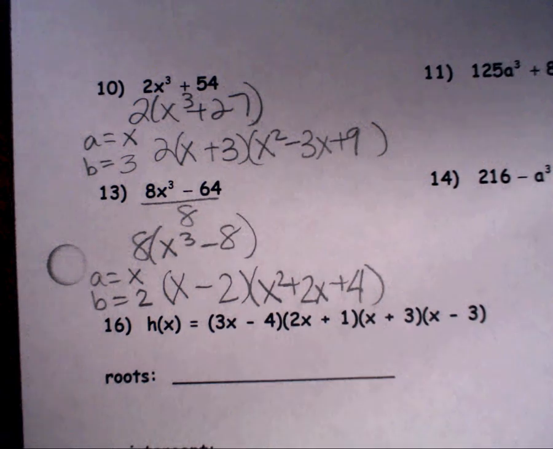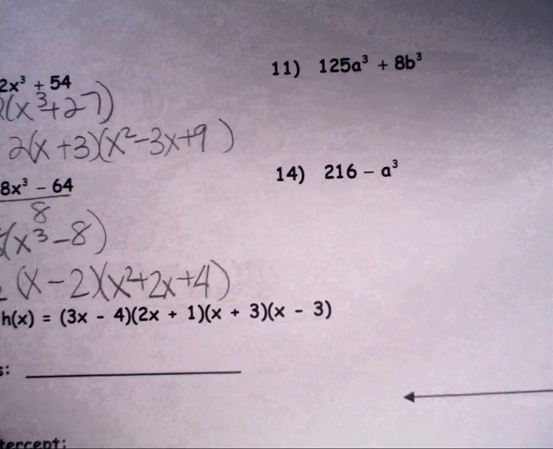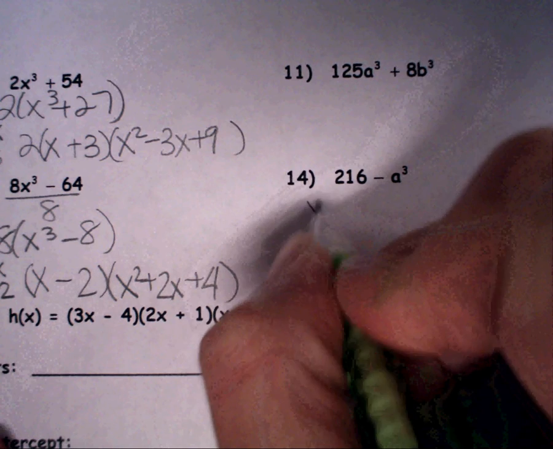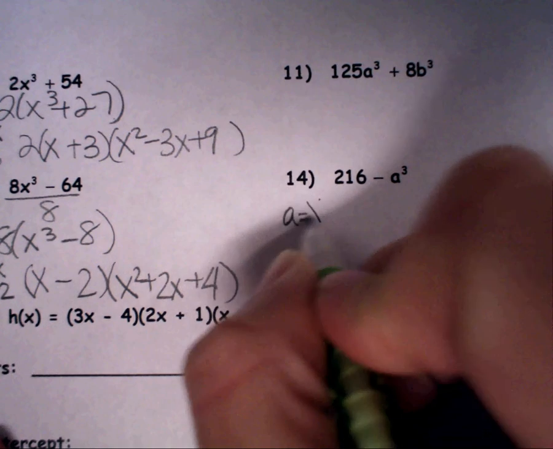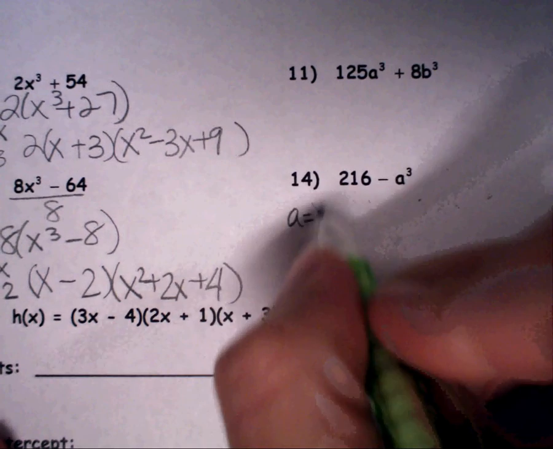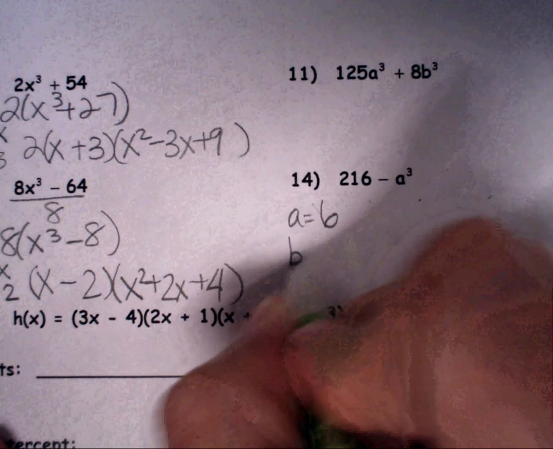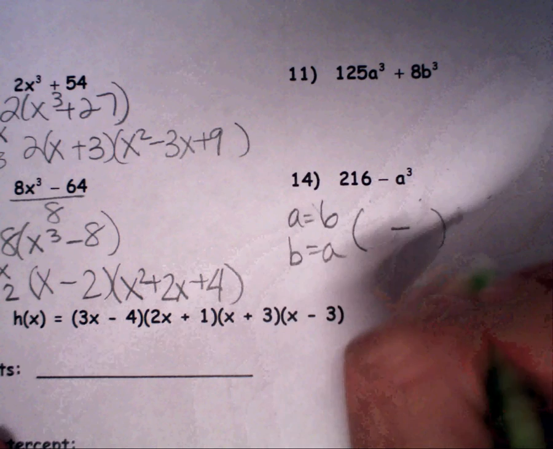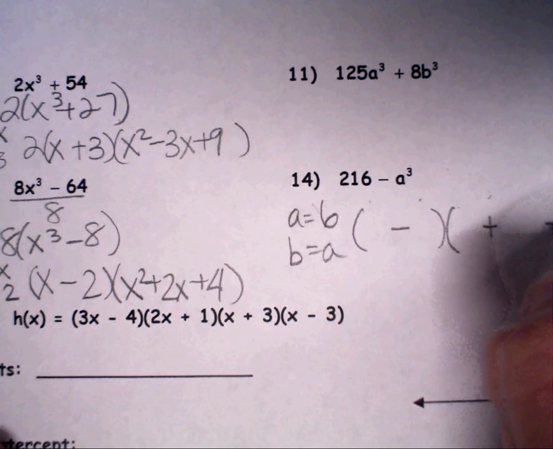So let's do one more. Number 14 is a perfect cube too. So there is no GCF. So A equals something; what to the third gives us 216, that would be 6. And what to the third gives us A to the third, A. So it's same, opposite, always positive.